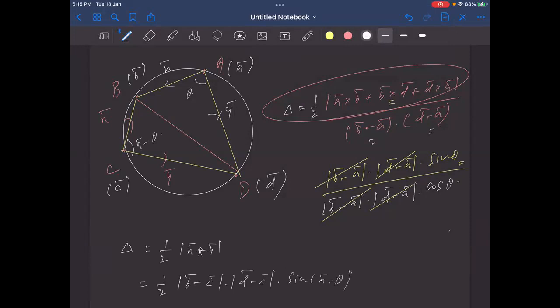So numerator will be replaced by this and denominator will become kya? Mod b minus c into mod b minus c into cos pi minus theta, correct? So this gets cancelled. Are we getting tan pi minus theta? Is it clear? बोलो। Yes.